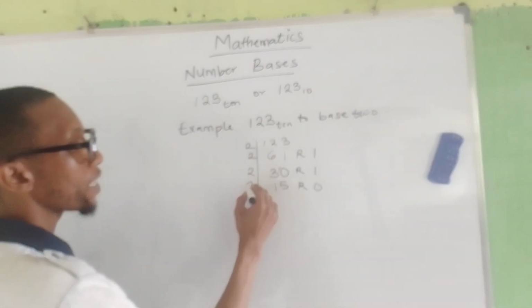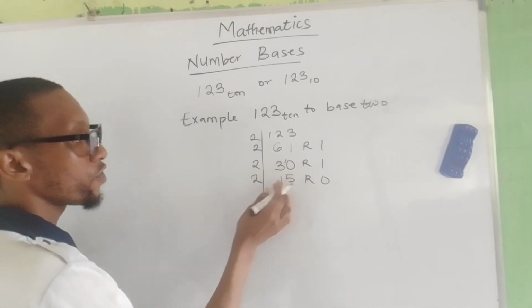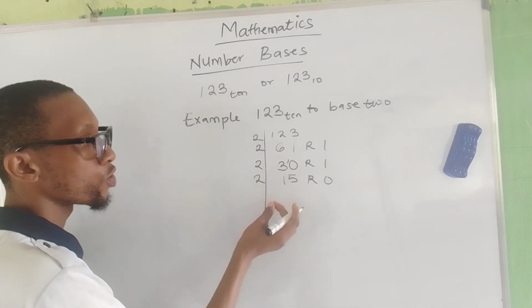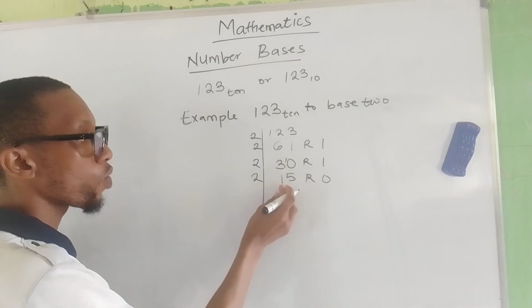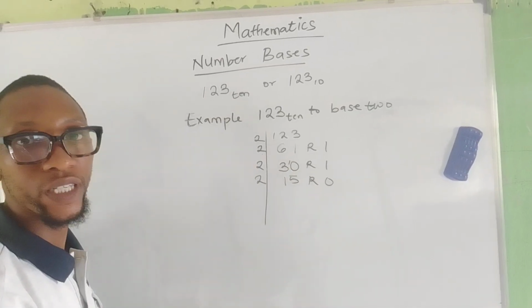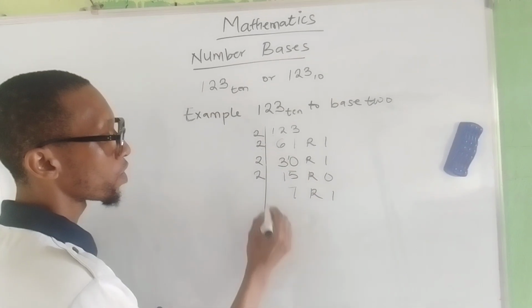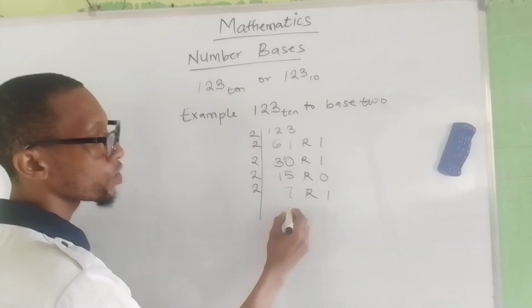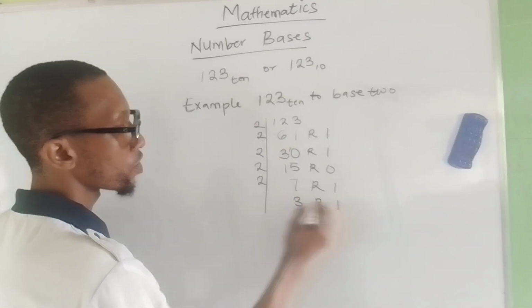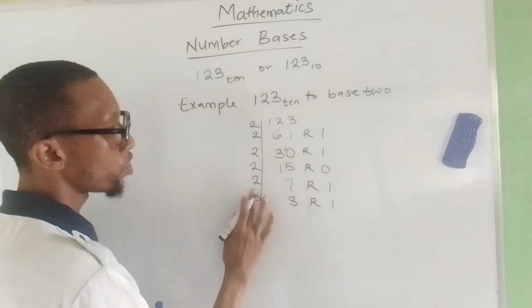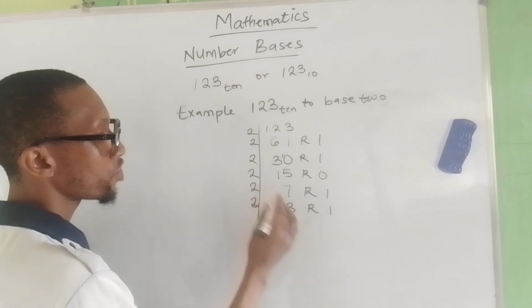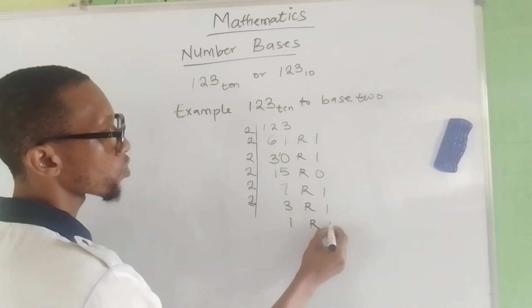I divide 15 by 2. So I join 1 and 5, and it becomes 15. 15 divided by 2, it goes 7 and it remains 1. I divide 7 by 2, it goes 3 and it remains 1. I divide 3 by 2, it goes 1 and it remains 1.